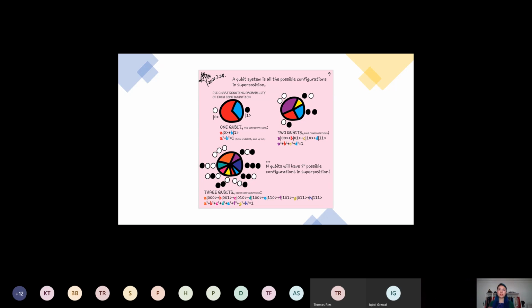When you have 2 qubits, as I showed earlier, you will have these 4 configurations. When you have 3 qubits, you will have 8 possible configurations. So see all the 0 0 0, 0 0 1, 0 1 0. These are all possible states that only 3 qubits are needed to represent.